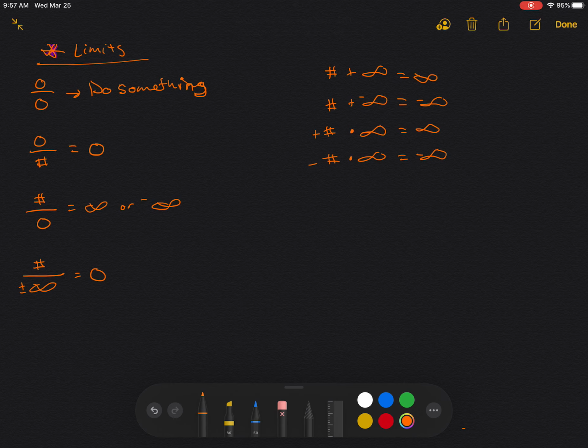So these are some good rules to have down. The final rule that we touched on, I just kind of said, and then we saw how it came into play with the last problem. Another thing, I want you guys to look at parent functions.